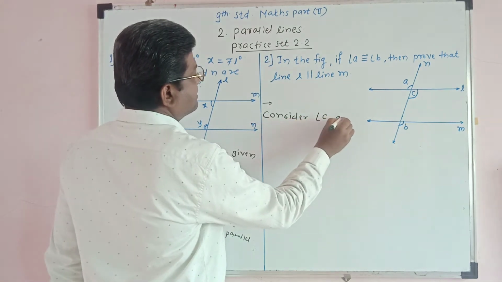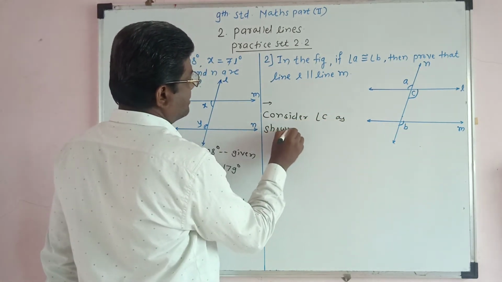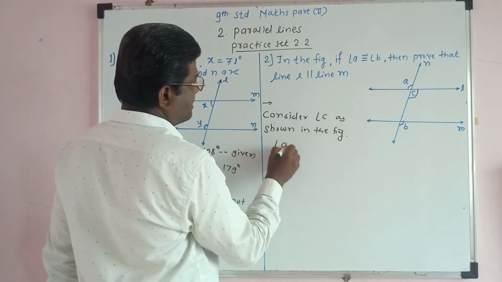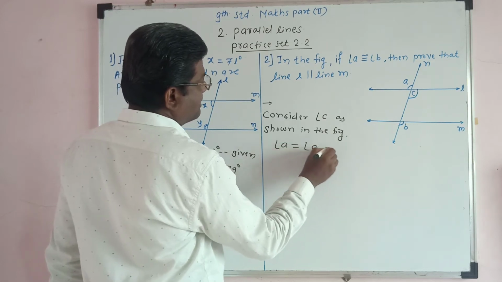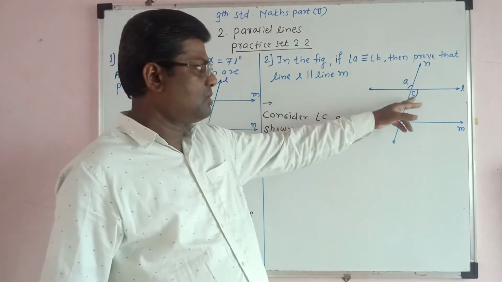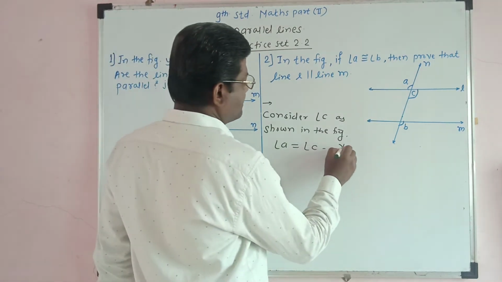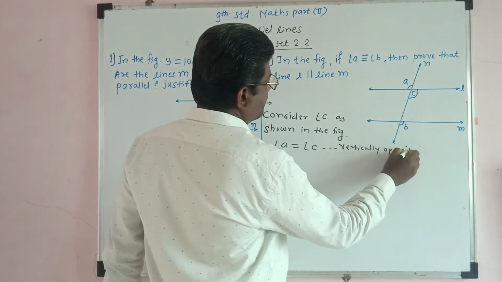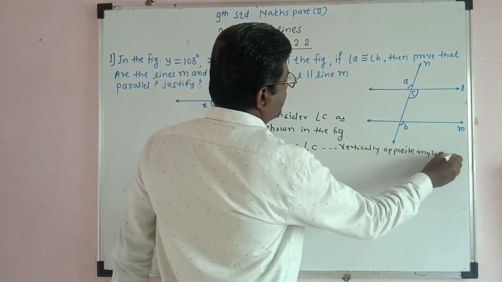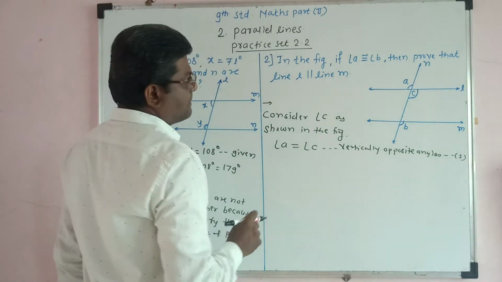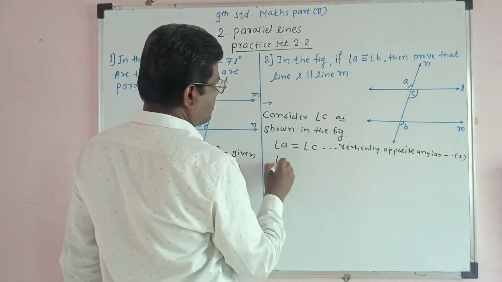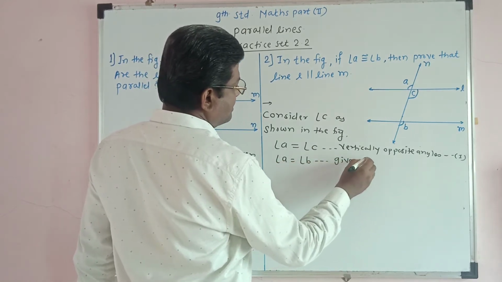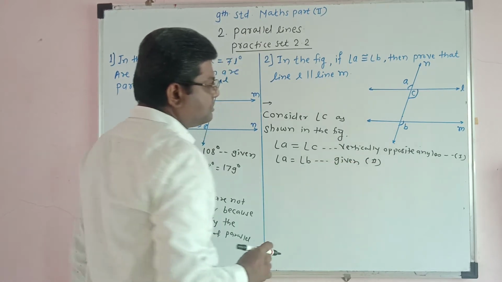Now angle A is equal to angle C, vertically opposite angles. Let this be equation number 1. But angle A congruent angle B, that is angle A is equal to angle B, it is given. Let this be equation number 2.